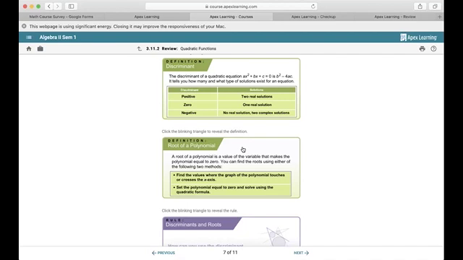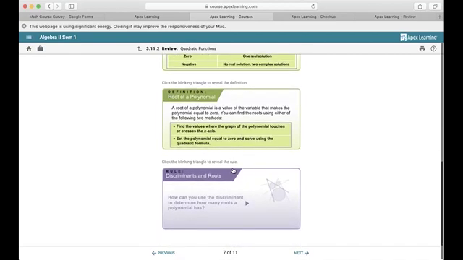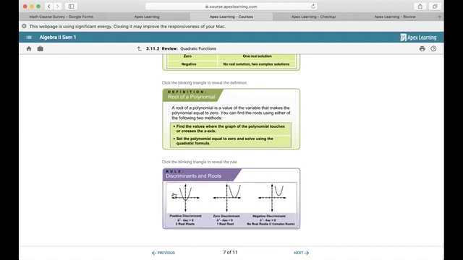How can you use the discriminant to figure out how many roots? You just look at the graph, or you figure out the discriminant, and then it'll tell you what the general shape of your graph is going to look like. So touching twice, touching once, not touching at all. And that works the same way if it's opening up or down, it doesn't really matter.